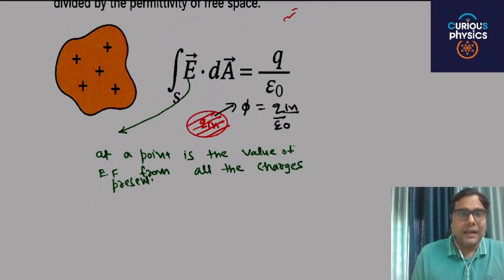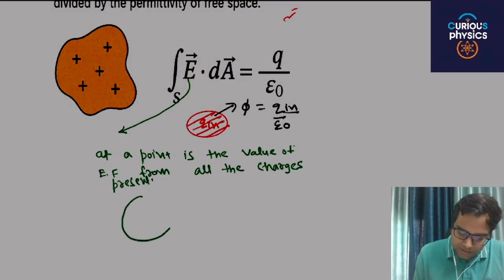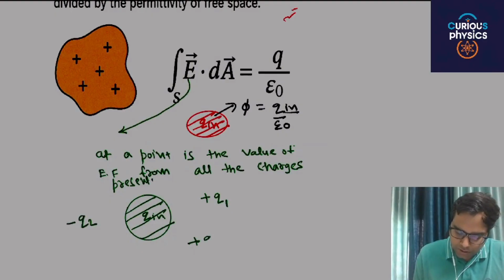Meaning to say, for example, this is any closed surface of any shape, and this is Q in, and these are other charges: Q1, minus Q2, plus Q3.